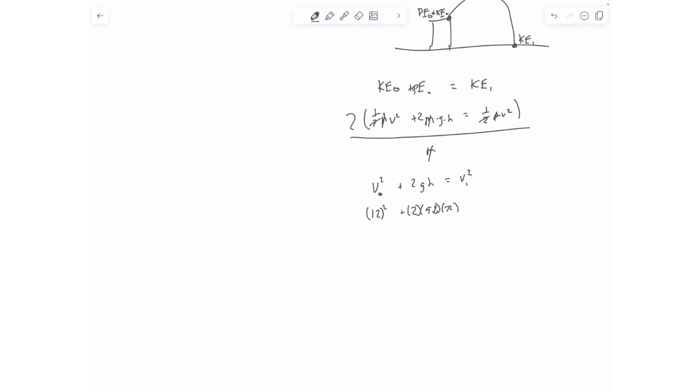This equals v squared, so we have to take the square root of that. If you do all that, you end up with v equals 23.983 meters per second. So that's how fast the ball is going.